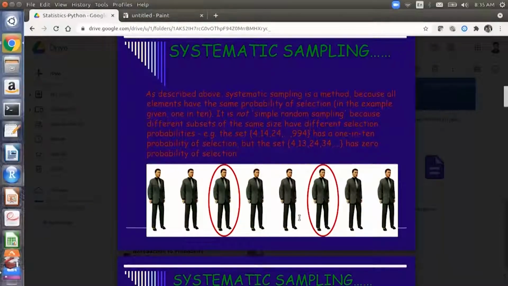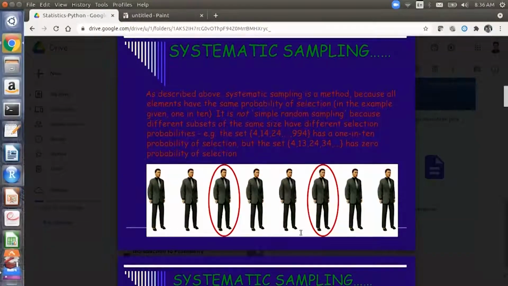Less chances are there, but possibility is there, correct? So systematic sampling is in a way better than random sampling, definitely. But at some point when there is a hidden pattern, this sampling method is very bad. So this is called systematic sampling, where you get every third value.